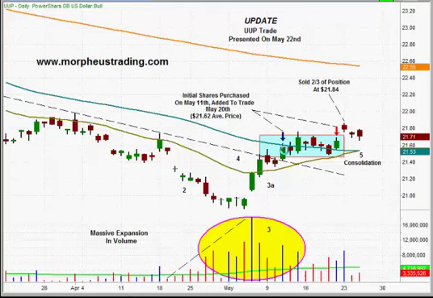It stays at or above the 50 period moving average, which is this bluish colored line, and of course above the 20 period moving average, and it moves sideways and consolidates. Now on this day we added to the trade because we received another buy trigger signal, and we added to the trade here.